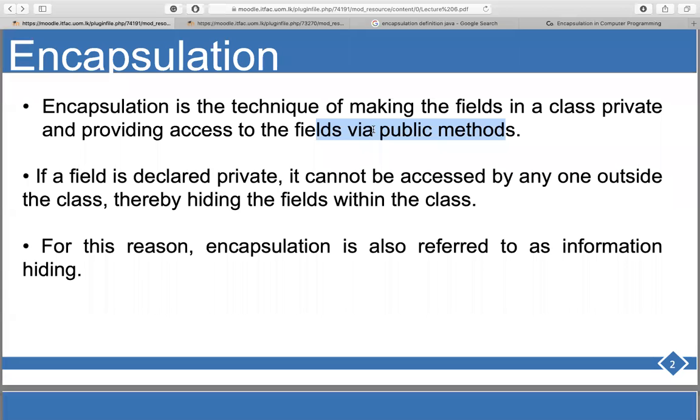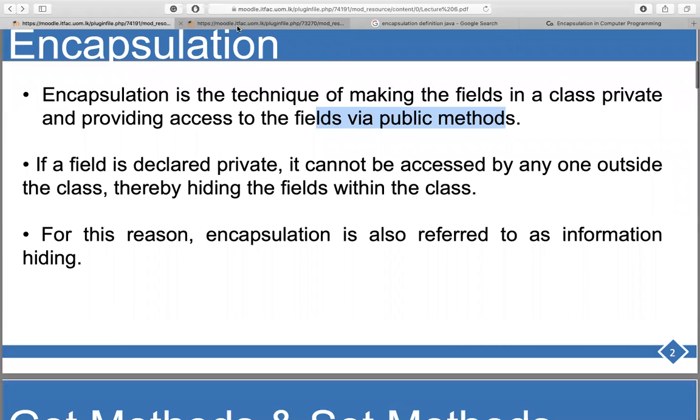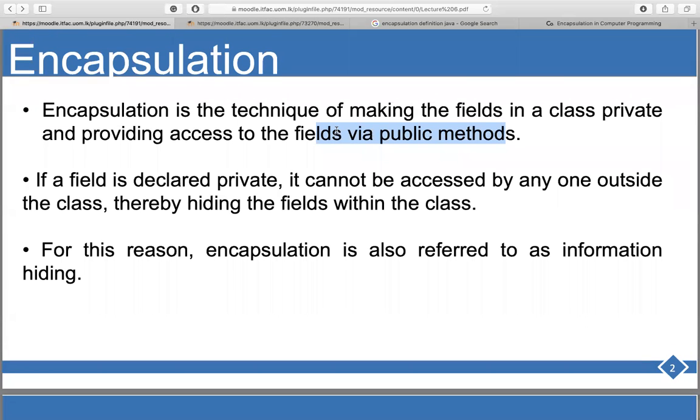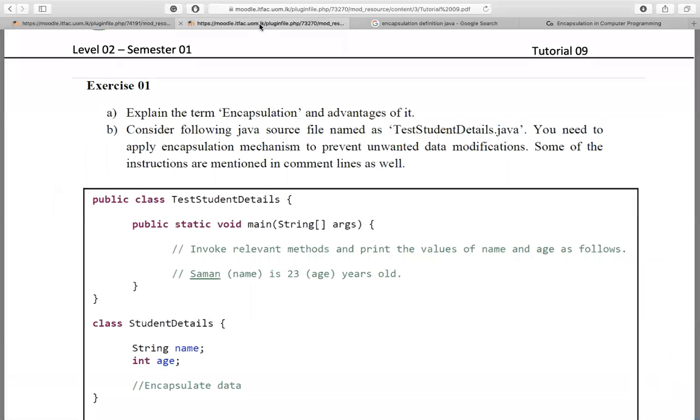In other words, we can say it is data hiding. Actually, it is not exactly data hiding; you protect the data, whatever variables are available. For example, here name, age, those kinds of variables.